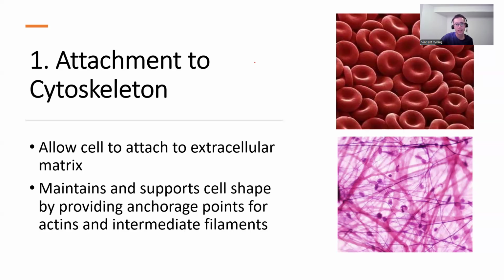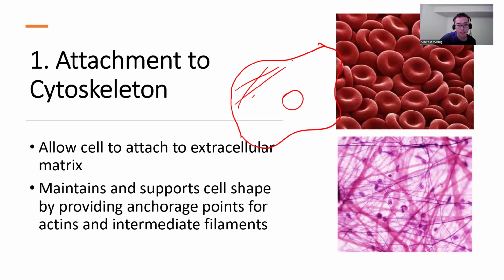So let's say this is the cell membrane, the nucleus, and then you have all this cytoskeleton. When it gets to the edge, they need to be able to stick to something, to attach to something. So there's a membrane protein here, a membrane protein here, and a membrane protein here. They basically allow these things to attach and provide support for them.